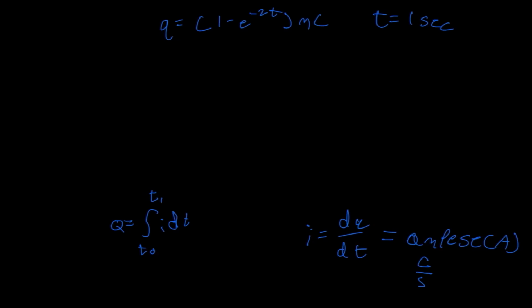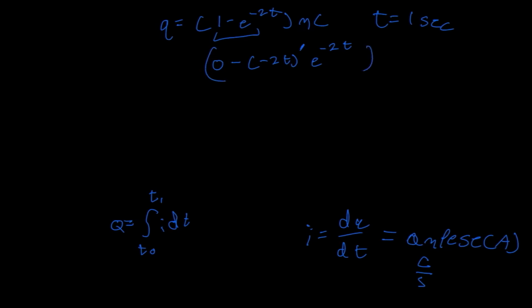Since they're being subtracted, we can work on them independently. So 1 is going to become 0, and for minus e to the minus 2t, we're going to keep the minus sign, and then we have to bring down the derivative of minus 2t, and then e to the minus 2t multiplied by it.